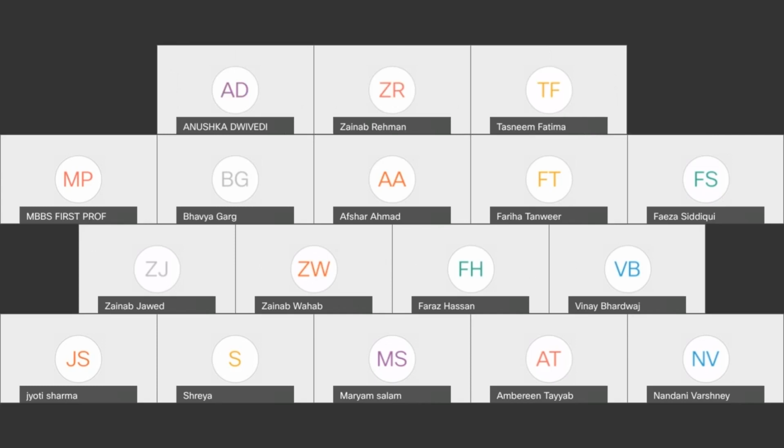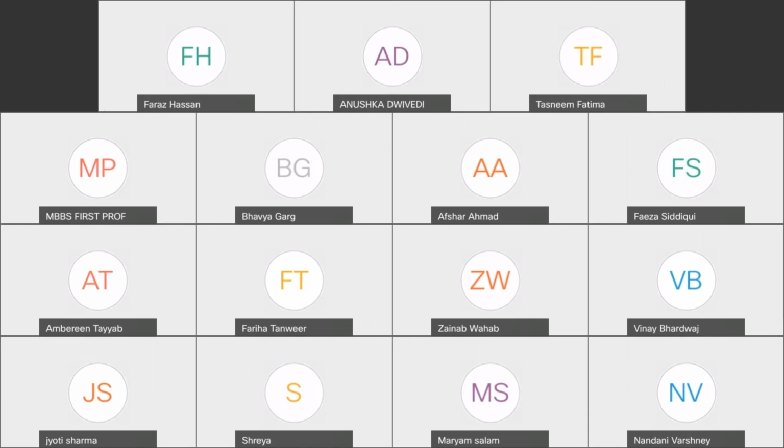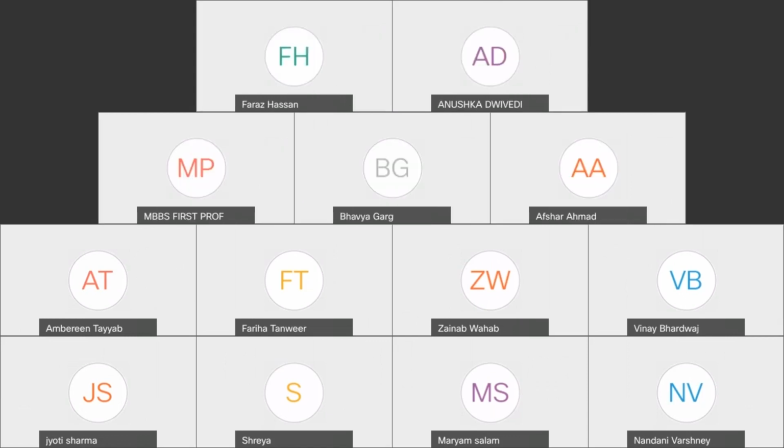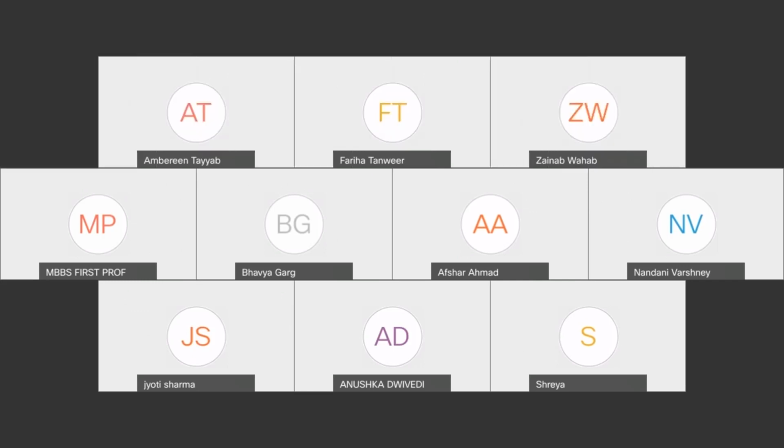Then roll number 129, Faiza Siddiqui. Next, roll number 143, Fariha Tanveer. 44 कौन है? 44 बोला? 144. Ma'am, भव्या गर्ग. Okay, next. Ma'am, 146. ज्योति शर्मा.